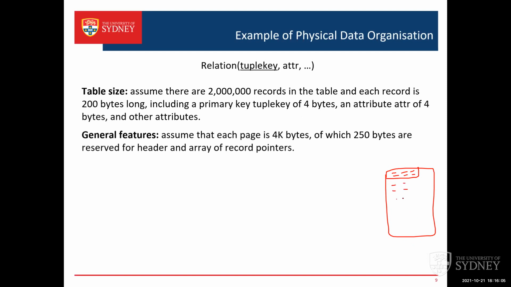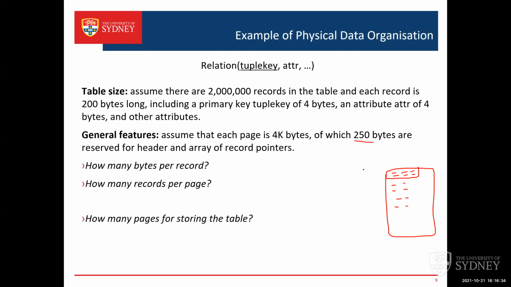Without knowing that, we'd not be able to read the data correctly, so that information is stored as header data in every page. That is the overhead, or the extra space we'll need. So in each page, 250 bytes will be reserved for header data and the pointers needed to read the page correctly.